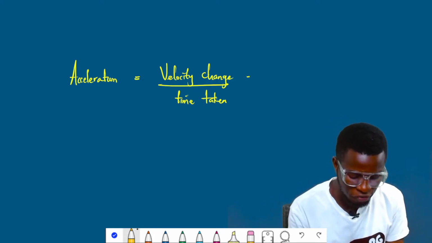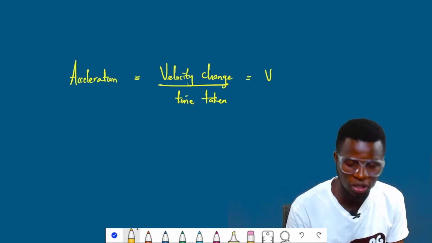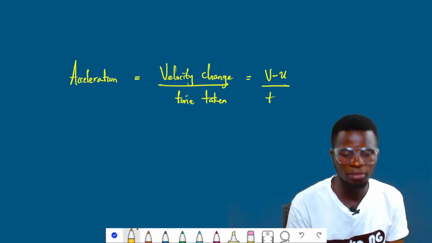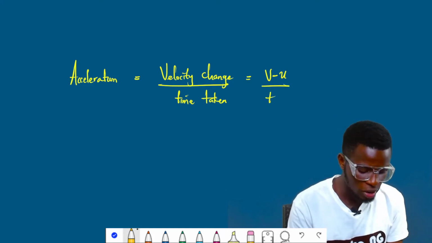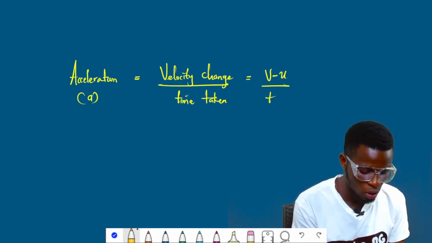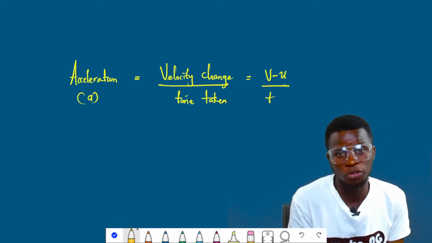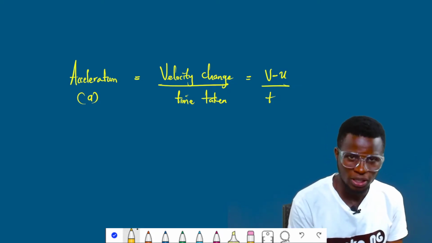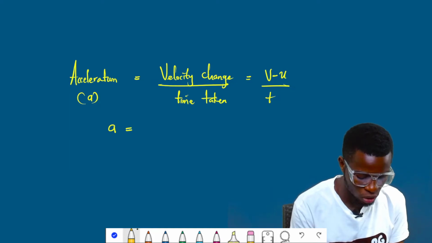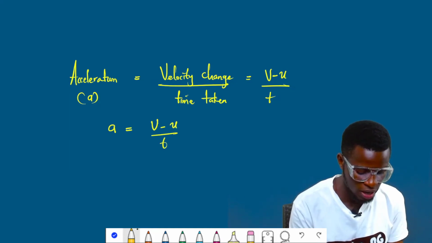So we know that the final velocity of the object is v and the initial velocity is u, then all over the time taken t. Okay, we can represent acceleration, or we can denote acceleration using a small letter a or any other symbol you feel like. All right, but in most cases we use small letter a.